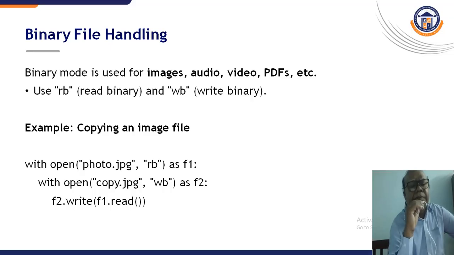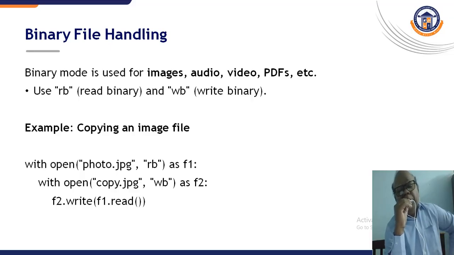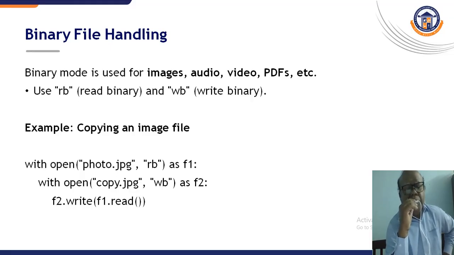Binary files. A binary file is used for image, audio, video, PDF, etc. Use rb, read binary. wb means write binary mode. So in this example you are opening the file photo.jpg in read binary mode. Similarly, you are opening another file, copy.jpg, in write binary mode, with the objects f1 and f2.